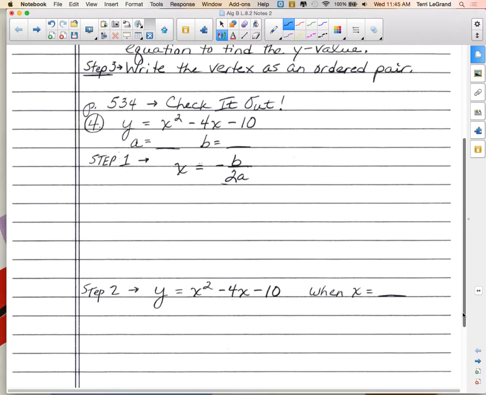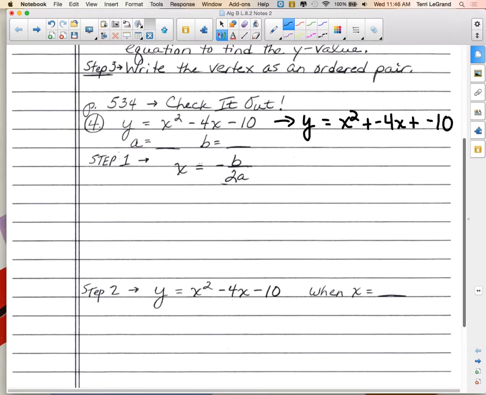Okay. So on page 534, we're doing Check It Out, problem number 4, where we are given the following quadratic function: y equals x squared minus 4x minus 10, which rewritten is x squared plus negative 4x plus negative 10.